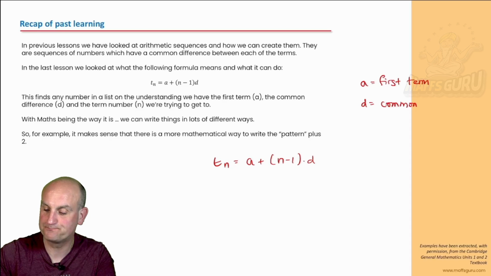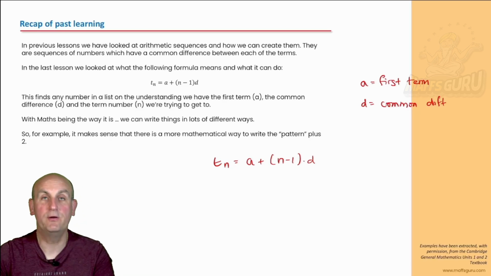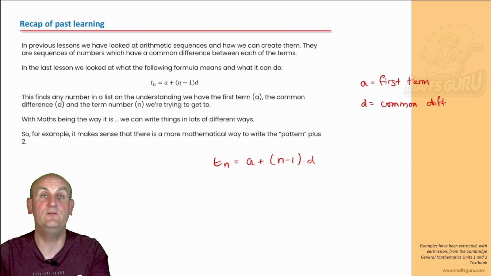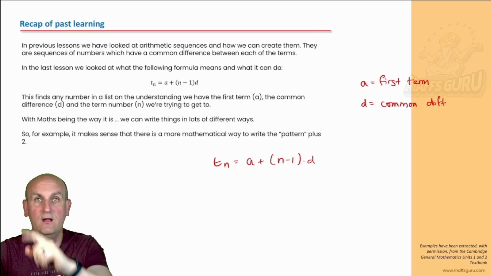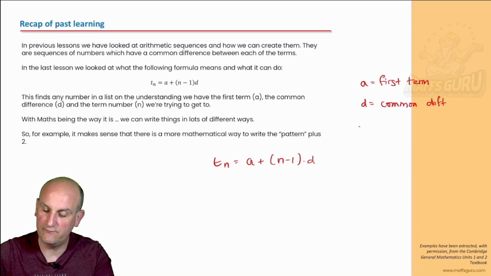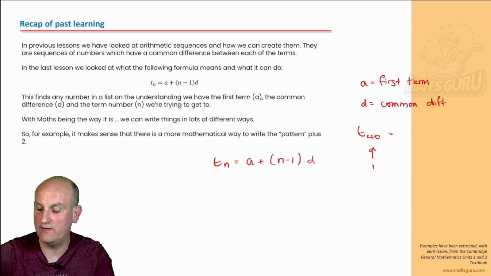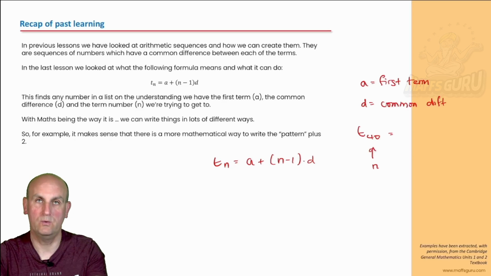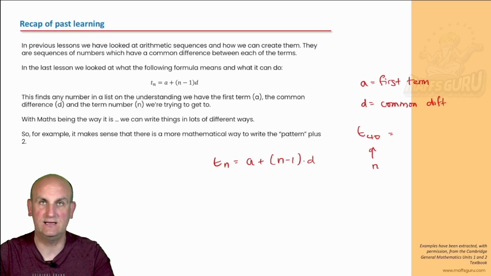That's how much it goes up or down by, and all of those common differences have to be exactly the same. So when you've got a sequence, you always need to check the common differences are the same. Then if we were given, say, T of 40, we had the value of n, and so long as I had my A and my D, we were sorted. And again, we would use our calculator to do that, because that makes a lot more sense.